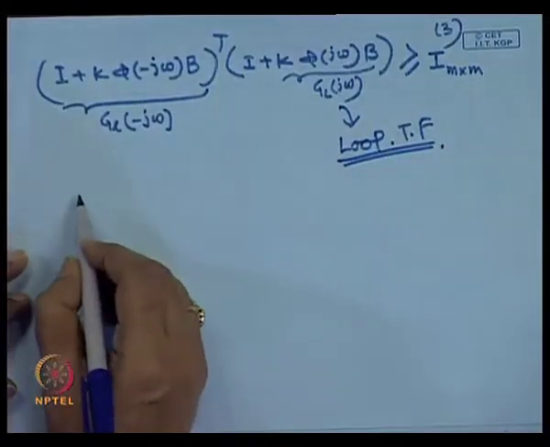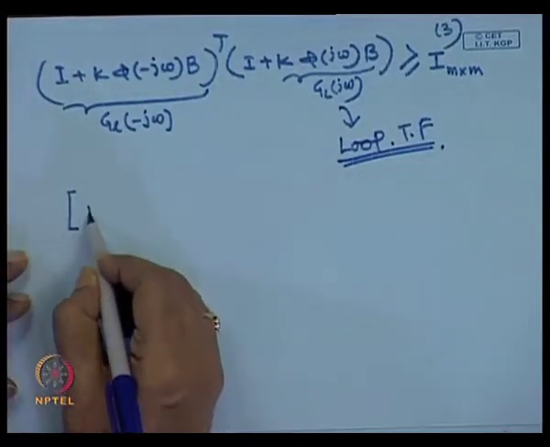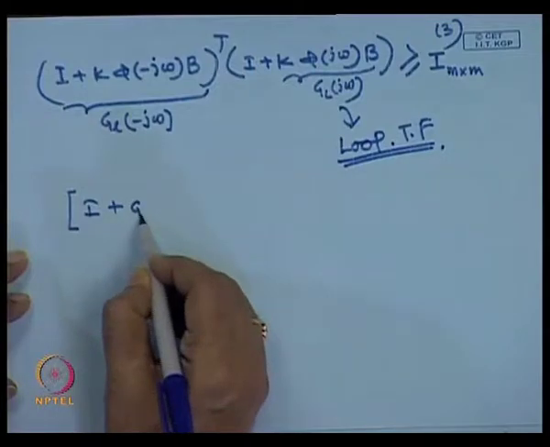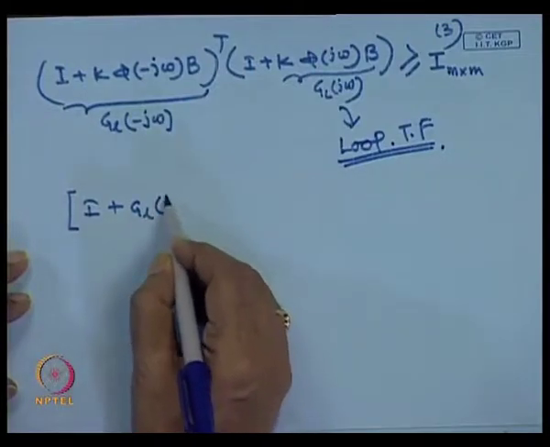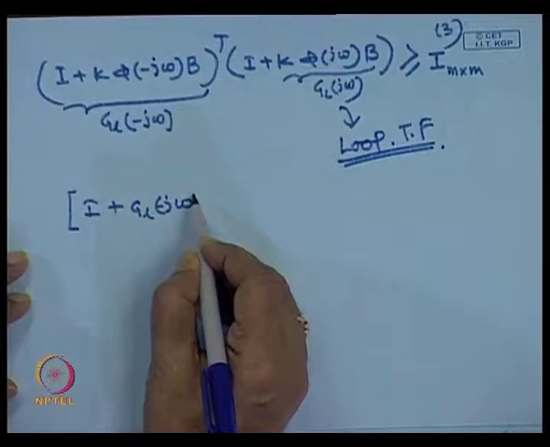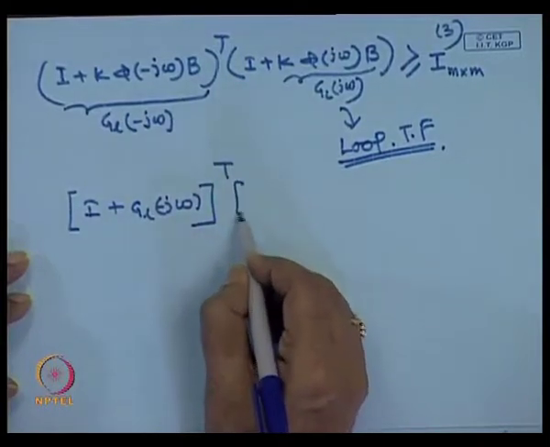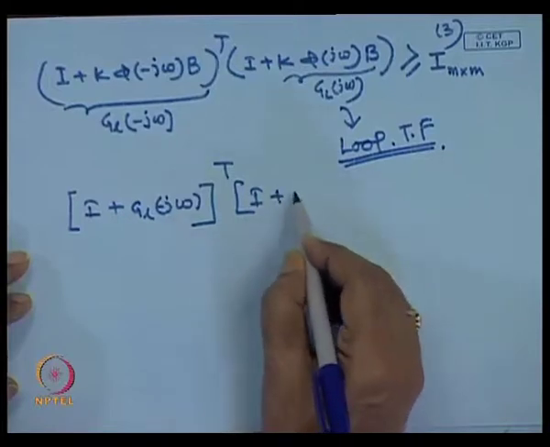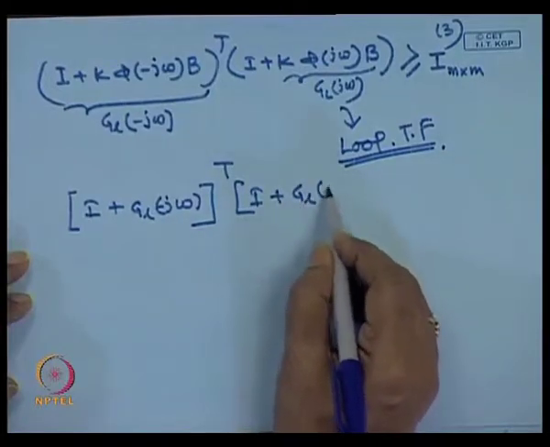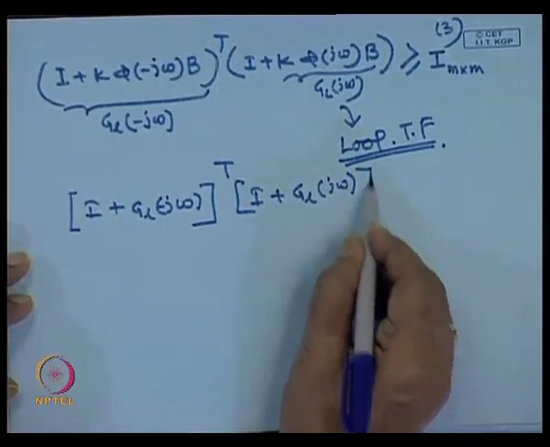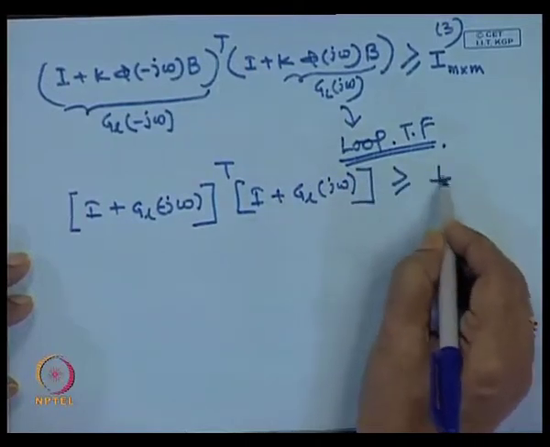So, we can write it now: (I + G_L(jω))^H (I + G_L(jω)) ≥ identity matrix.